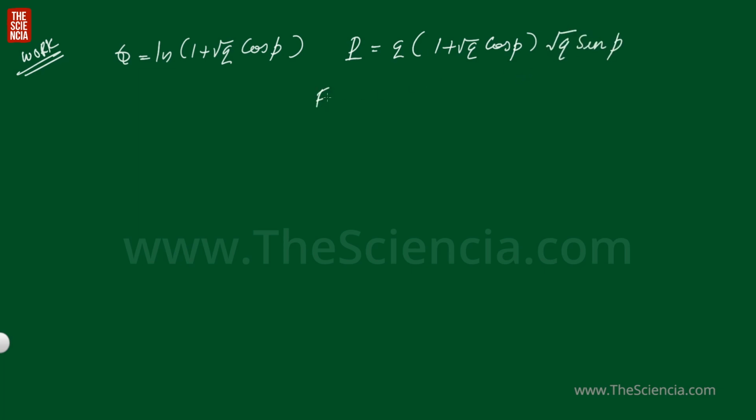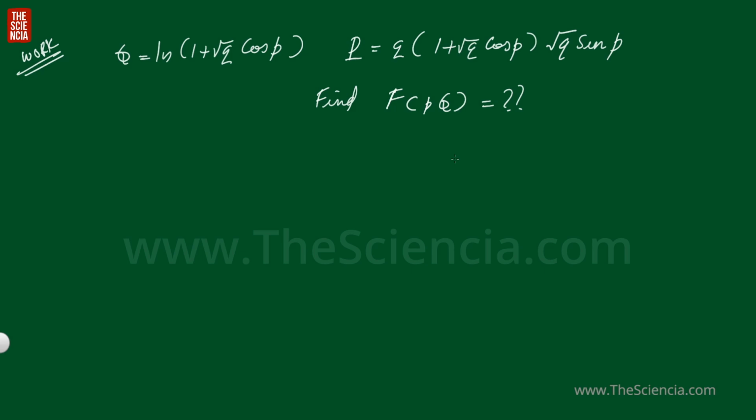Find the generating function, that is a function of small p and capital Q. Actually, this is the reverse process of one of the earlier example problems. So please try to solve this.